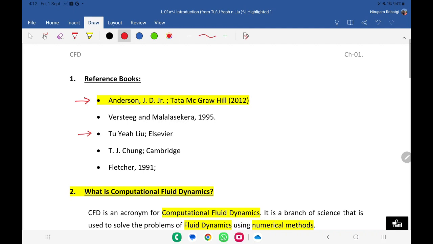And therefore you will find some topics in some books, some topics in some other books. All these books are useful, but again, in this course it will not be possible to take up all these books.